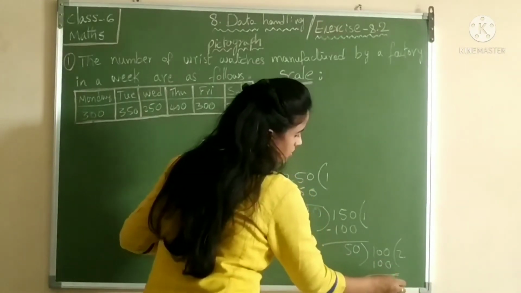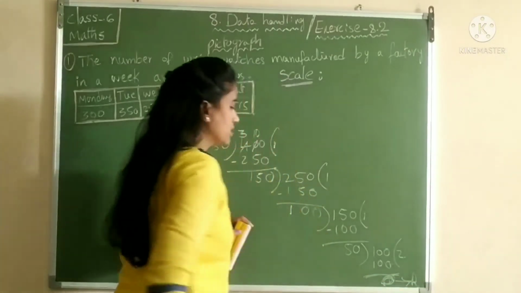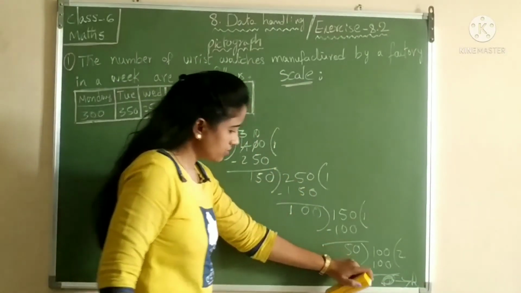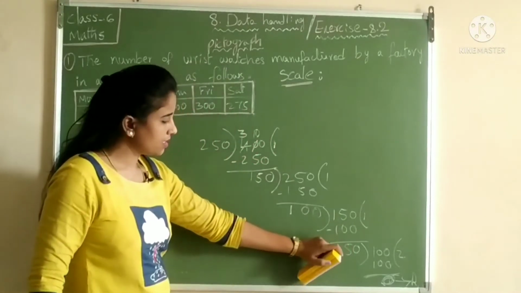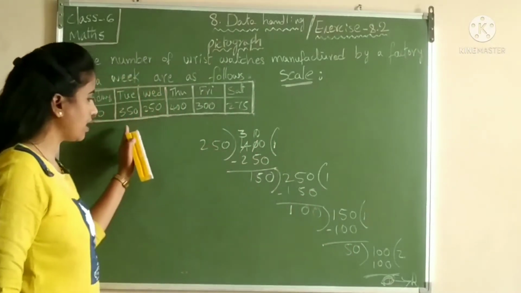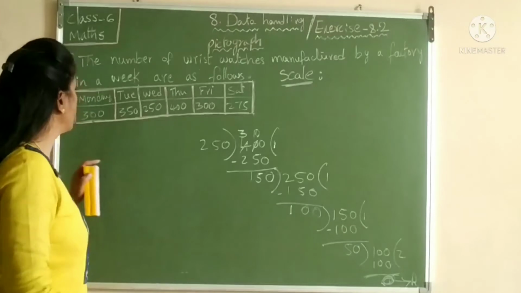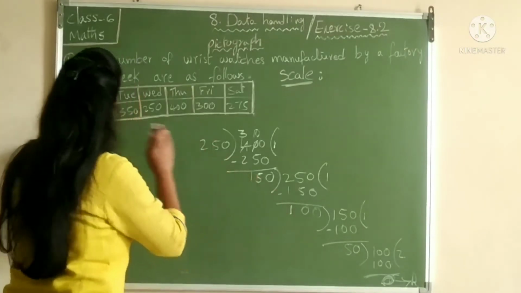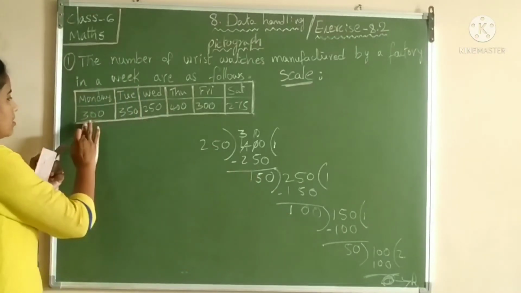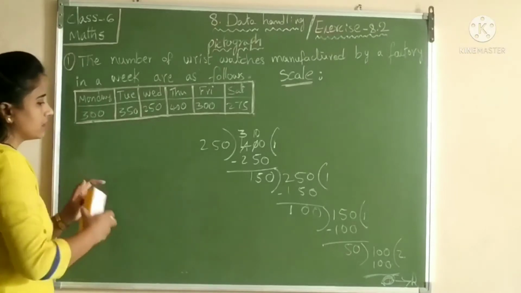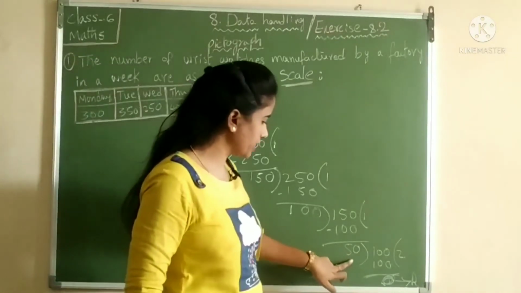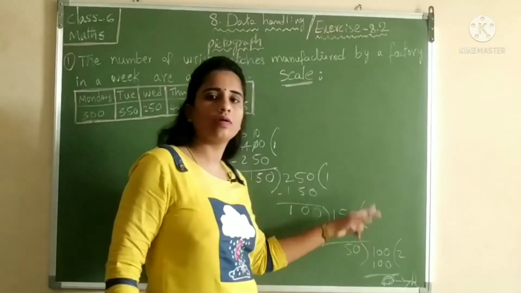The remainder is 0. So 50 is the greatest common divisor of the given data. Is it right or wrong? Check once. It should divide the given data exactly.